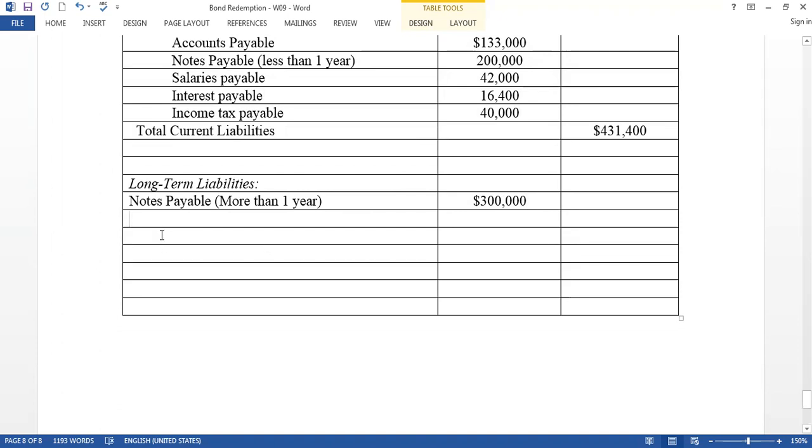Now we know that bonds payable is our long-term liability. Okay, so maybe bonds payable is $500,000, for example.